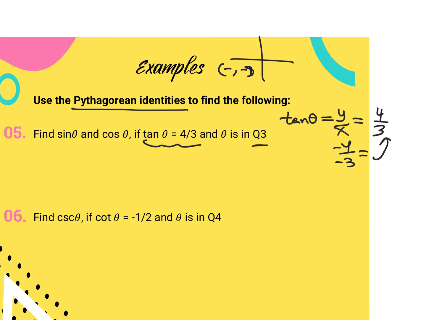So this ordered pair for tangent is going to be located down here at -4, -3, actually backwards, sorry. It's going to be -3, -4. But I don't want to see you do this. This would be a way that you could check your answer. What I want you to use is Pythagorean identities.